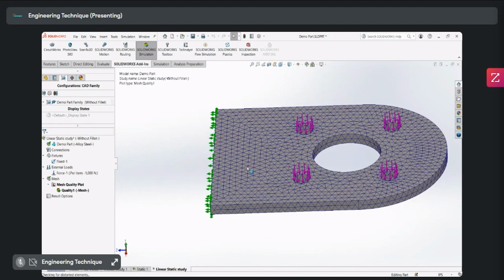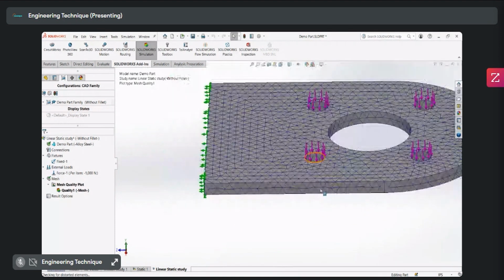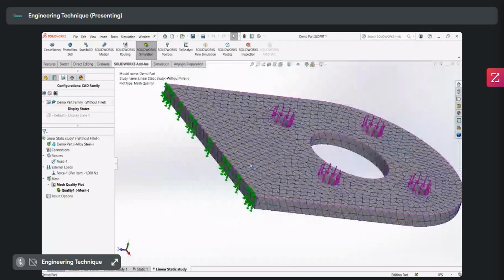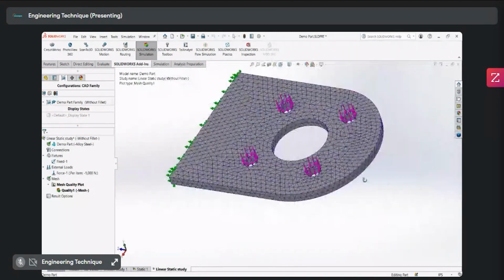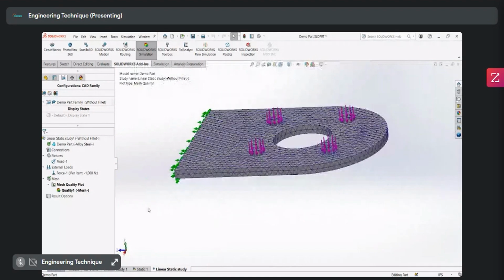So here my discretization has been done. You can see here the tetrahedral elements are completed. If you want to see how it is actually divided, what should I do? I right click on this quality mesh part and select mesh section.